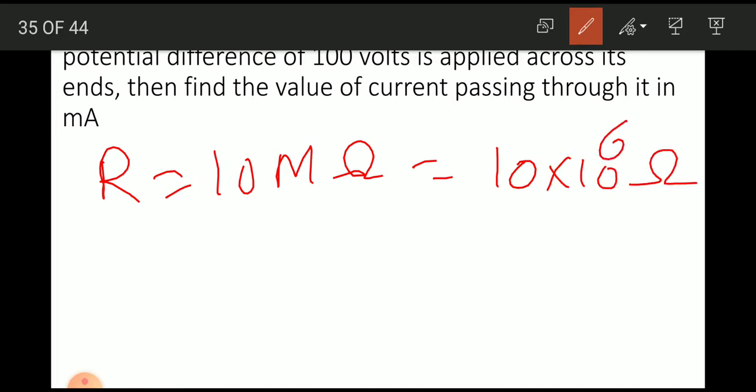If a potential difference of 100 volt is applied, then find the value of current passing through it in milliampere. We have to calculate current.